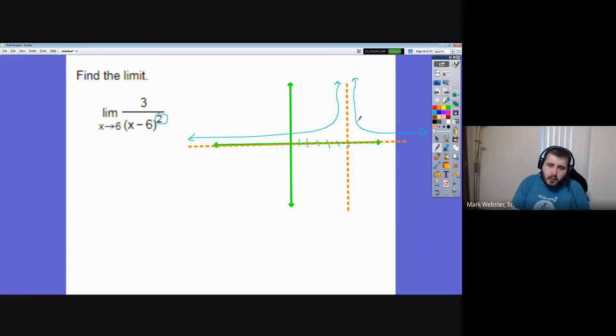And how do we know? It's because if we try like 7, well, then we get like 3, right? We try 5, we get 3. And as we close in, the numbers keep getting bigger and bigger and bigger, right? As we approach the asymptote, this is always positive.